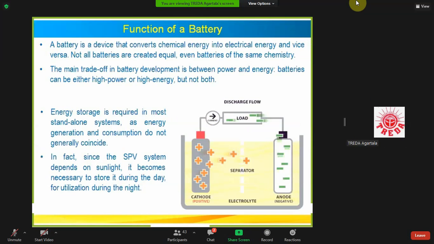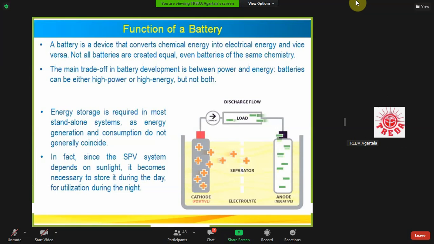Not all batteries are created equal, even batteries of the same type. So many types of battery are available in the market. According to our requirement, we have to design the capacity of the battery and we have to design the system of the battery.